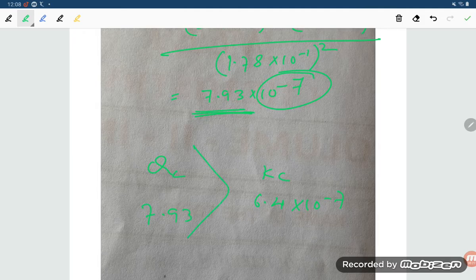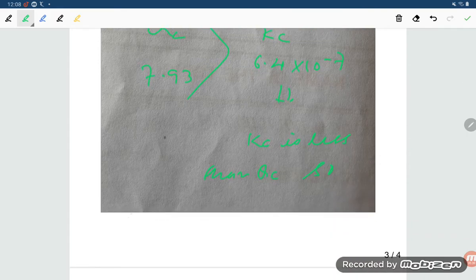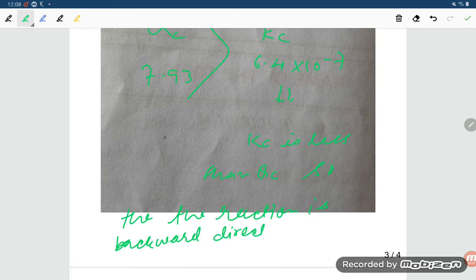So Kc is less than Qc. So the reaction will be in the backward direction. What is the meaning of this, students? Backward direction means the left side.